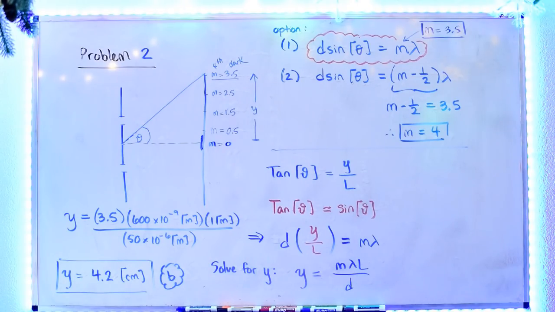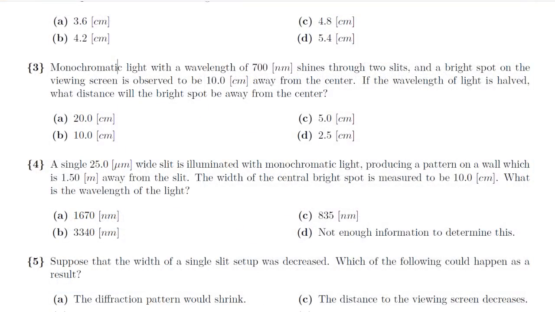All right, so let's take a look at the next one then. So 3. You have monochromatic light with a wavelength of 700 nanometers that shines through two slits, so it's another double slit. A bright spot on the viewing screen is observed to be 10 centimeters away from the center.